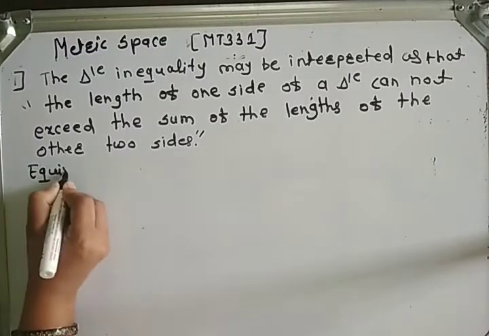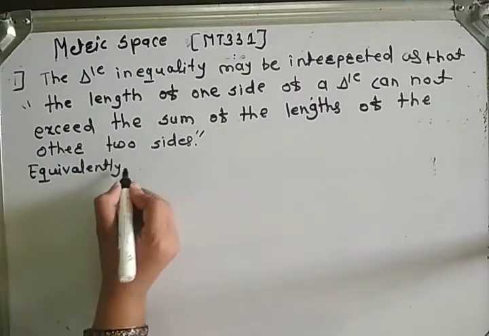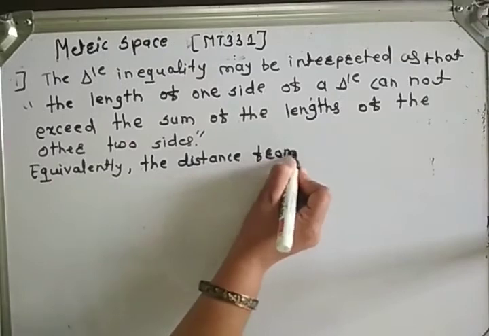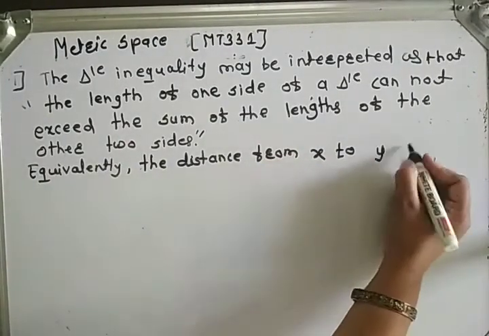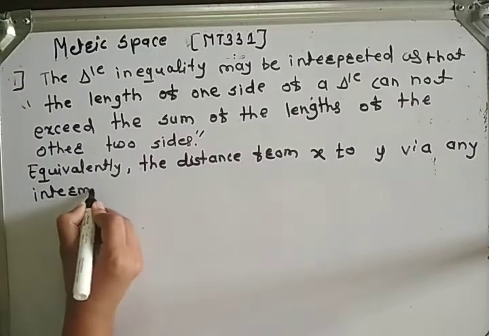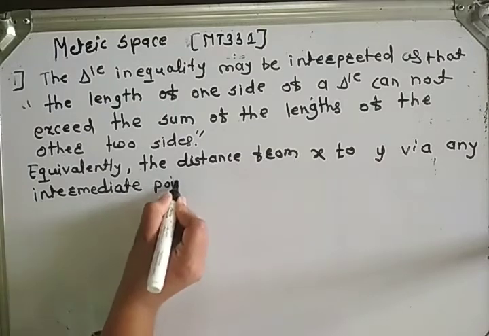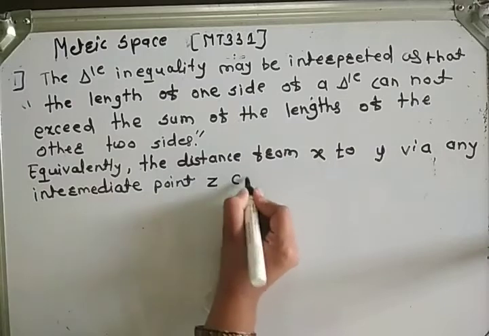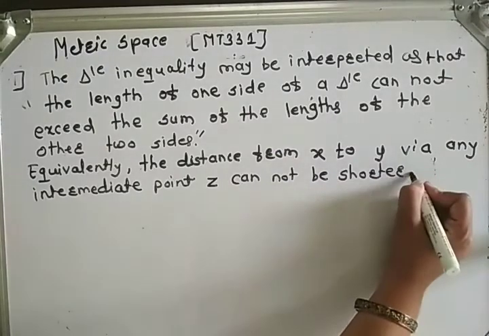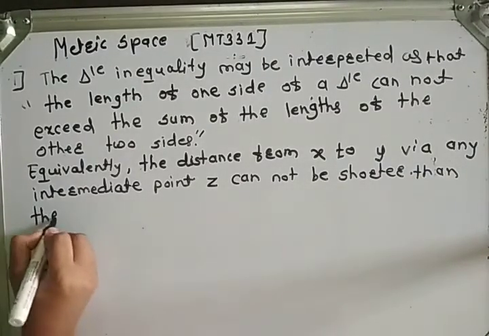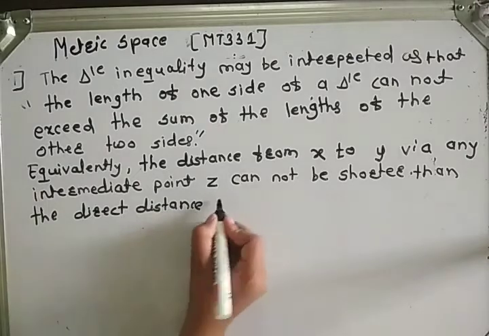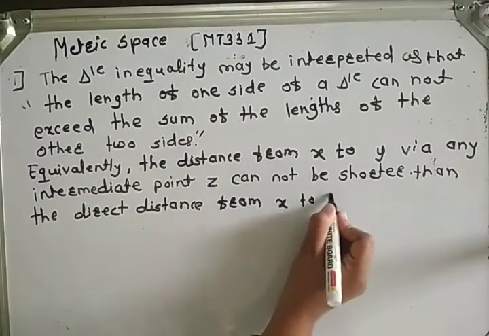Equivalently, the distance from x to y via any intermediate point z cannot be shorter than the direct distance from x to y.